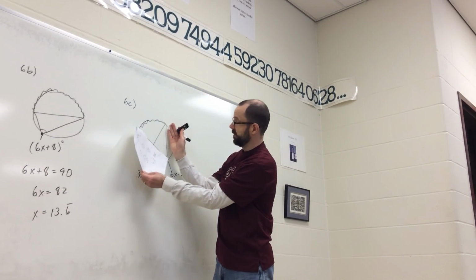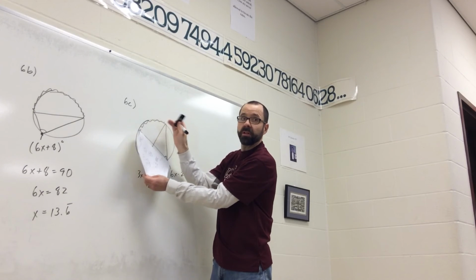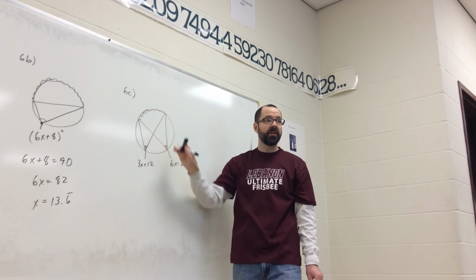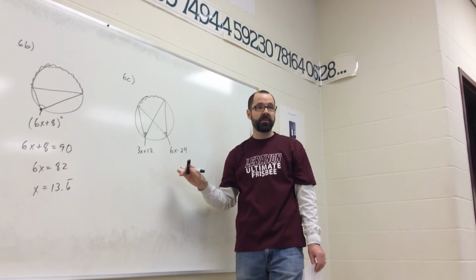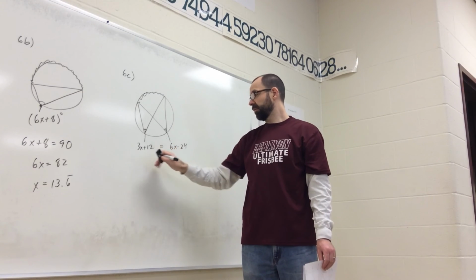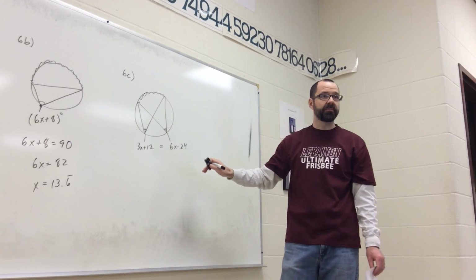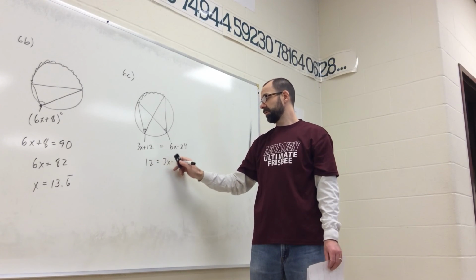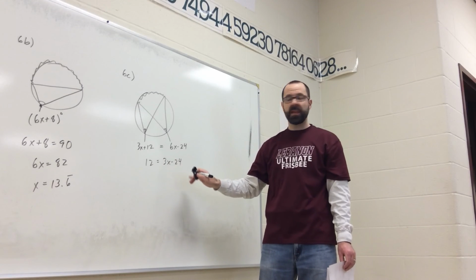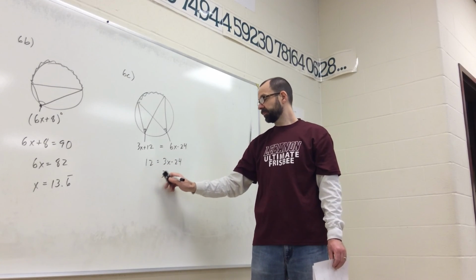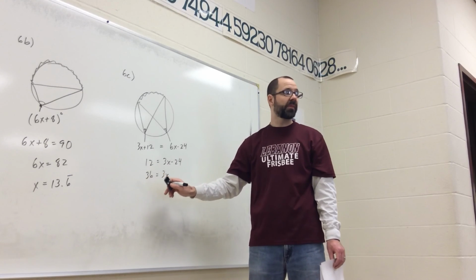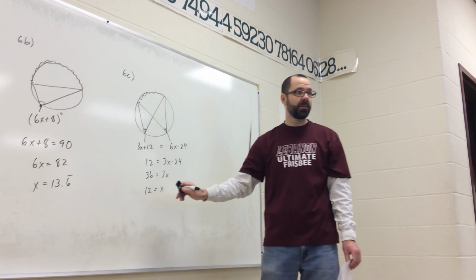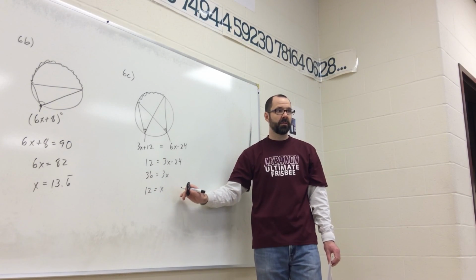And then see how this angle is also hitting that same arc? So if two inscribed angles intercept the same arc, then they're congruent. So that's why 3x plus 12 equals 6x minus 24. And then you just subtract the 3x over. Add the 24. And then divide by 3. Everybody doing okay?